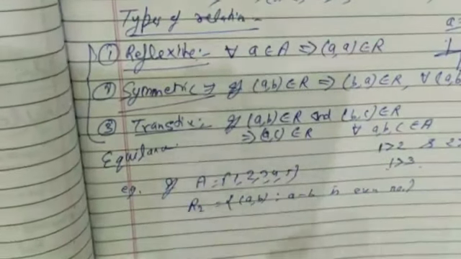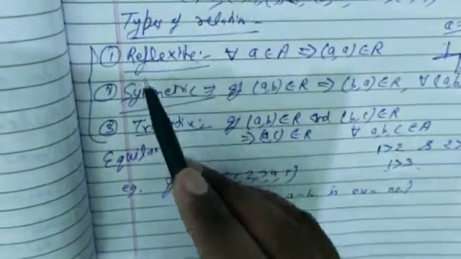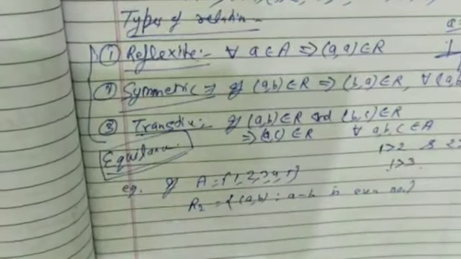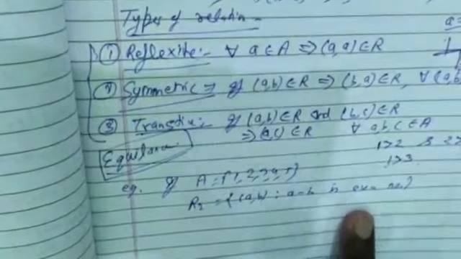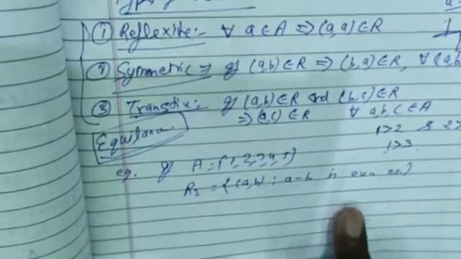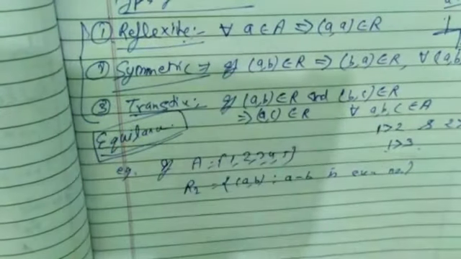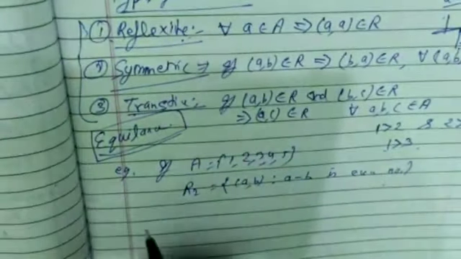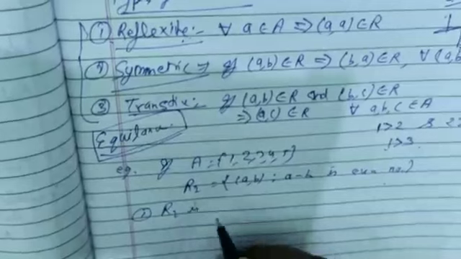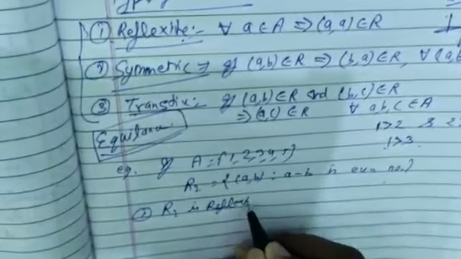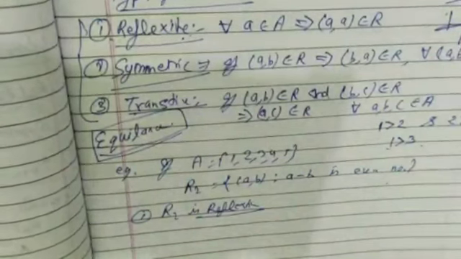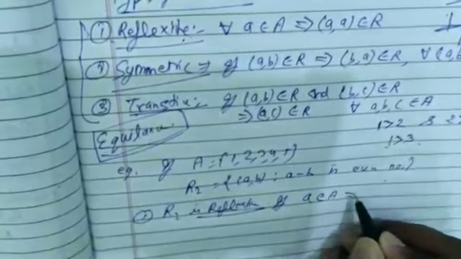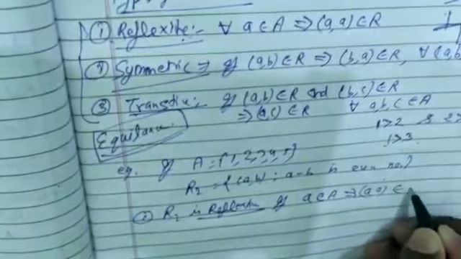Equivalence relation means the question in which all three types of relations apply becomes an equivalence relation. For example, a minus b is an even number. Then first is reflexive relation. Reflexive relation means a minus a is an even number. So the first part: R2 is reflexive means if a belongs to A implies that (a, a) belongs to R2.